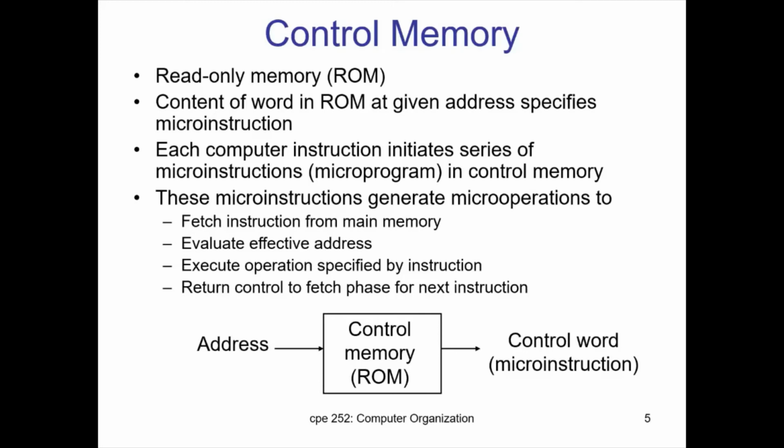Once you switch on the computer, this control memory is activated. Where is your hard disk, where is your camera, where is your printer? Everything is identified with the help of control memory. So each computer instruction initiates a series of micro instructions, or a microprogram, in the control memory.